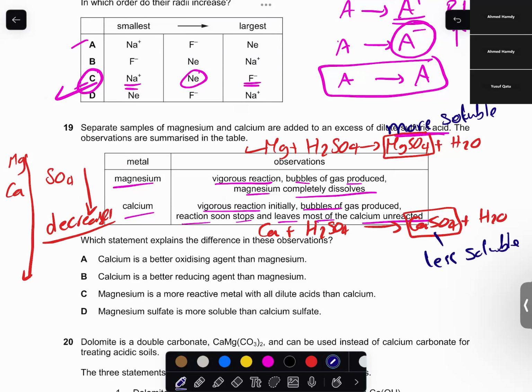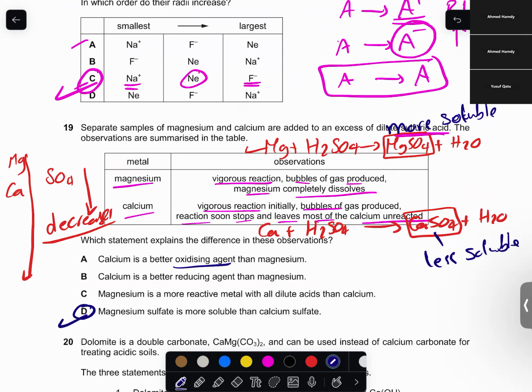So is the reason that calcium is a better oxidizing agent? Of course not. Calcium is more reactive, so it's a better reducing agent than magnesium. Yes, but this is not the reason either. Is magnesium the more reactive metal? No, of course not. Magnesium sulfate is more soluble.